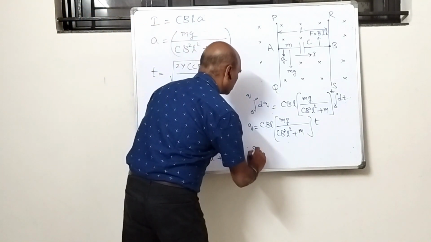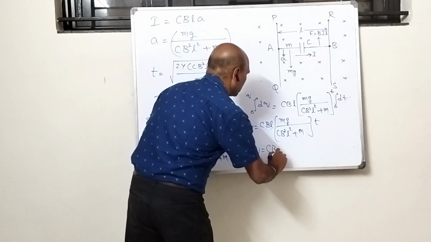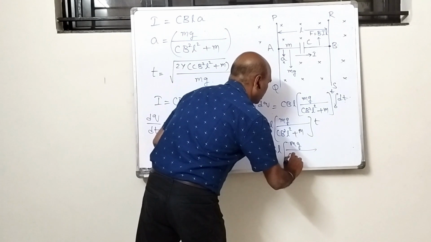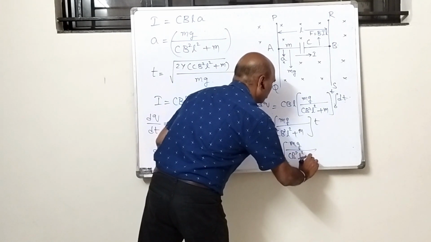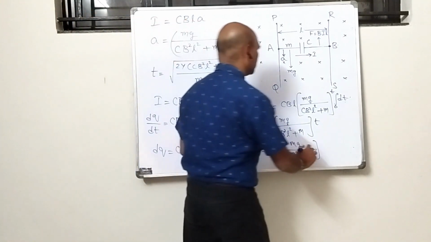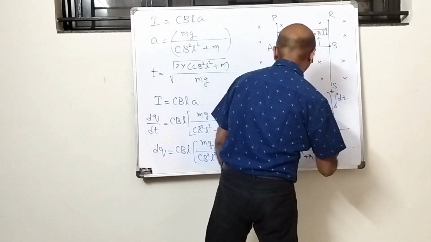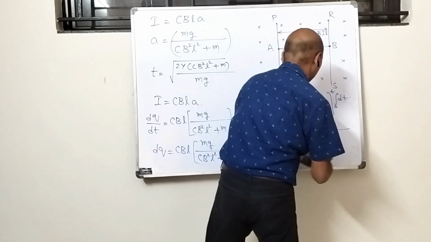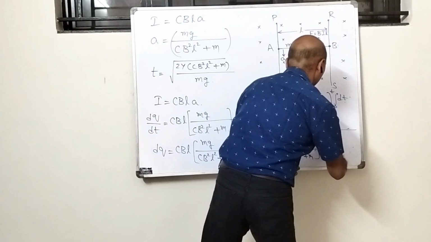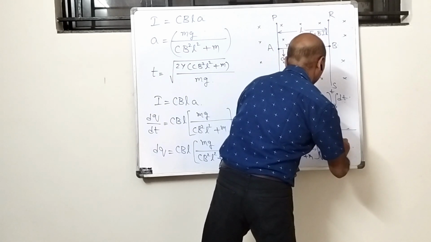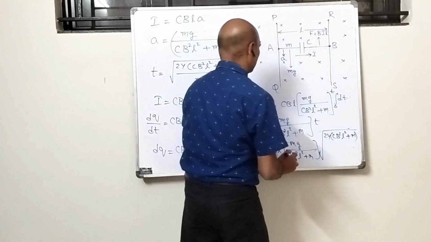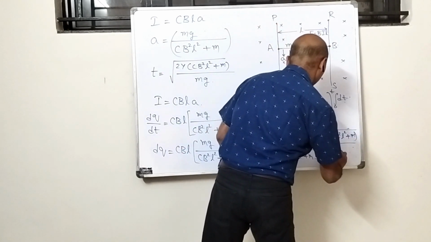So q is equal to CBL into mg by CB square L square plus m, into the expression for t, which is root of 2y into CB square L square plus m, divided by mg.